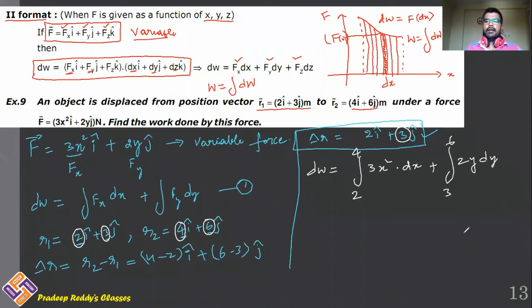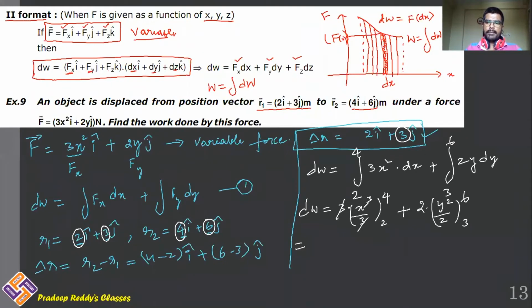Okay, now you calculate work done dW. dW is equal to 3x square dx. 3 is constant. Integration of x square dx is x cube by 3. Limits are from 2 to 4, plus 2 is constant, you can bring it out. Integration of y dy is y square divided by 2. Limits are from 3 to 6. Now 3 and 3 get cancelled.